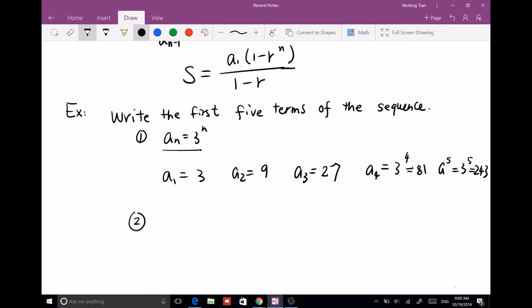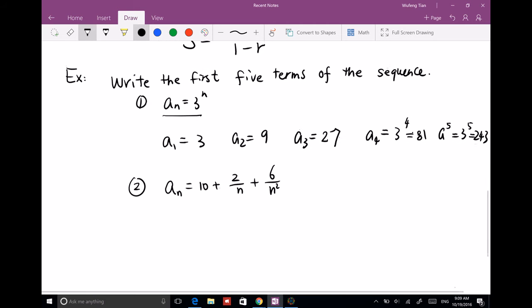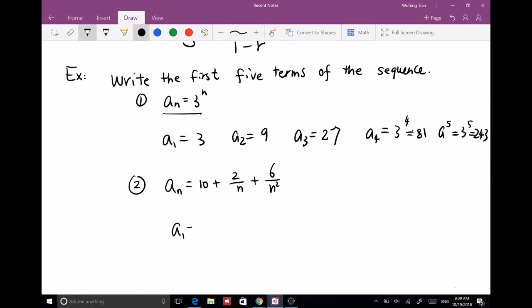The second one. Suppose an equals 10 plus 2 over n plus 6 over n squared. So A1. Zhijian, could you please tell me what is A1?